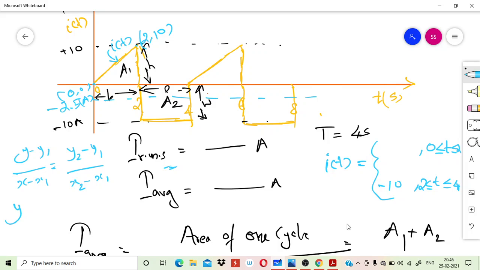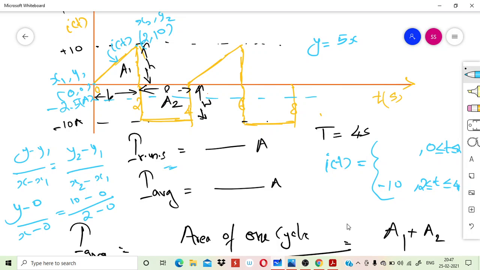Here this is x1, y1 and this is x2, y2. So y minus 0 divided by x minus 0 equal to 10 minus 0 divided by 2 minus 0. That means y is equal to 5x.